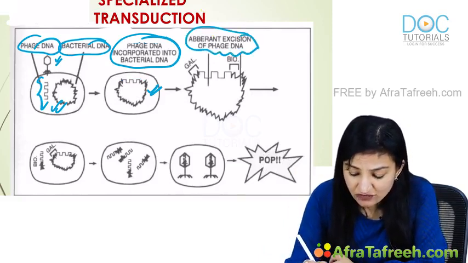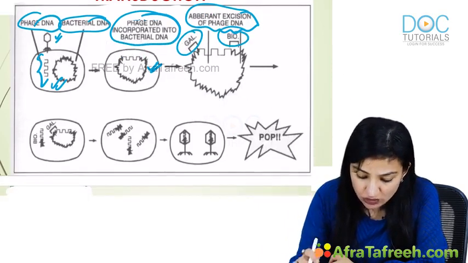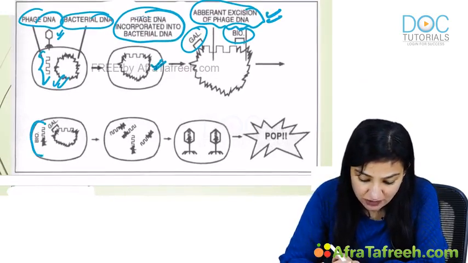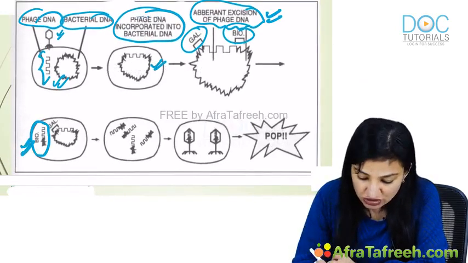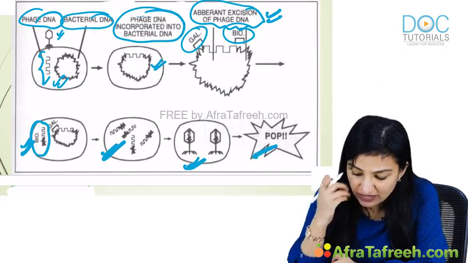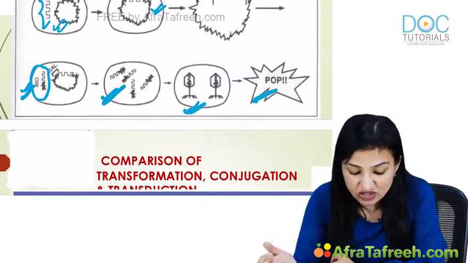Remember the phage DNA got incorporated between the gal and the bio genes. So during abnormal excision, this phage has taken along the biotin gene. Now this phage multiplies and is released, and then it can attack another bacterial cell and transfer the bio gene.